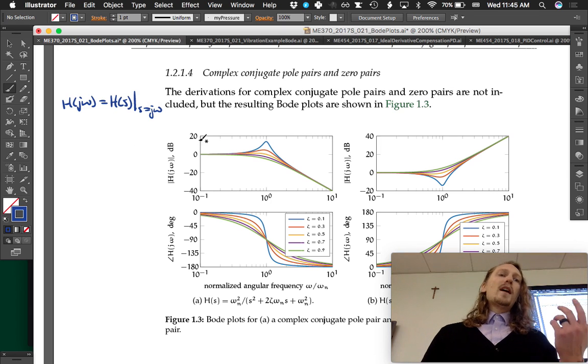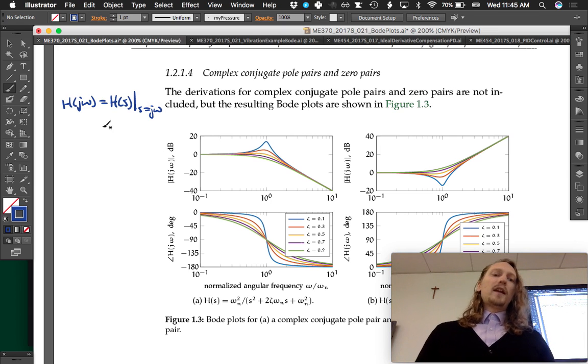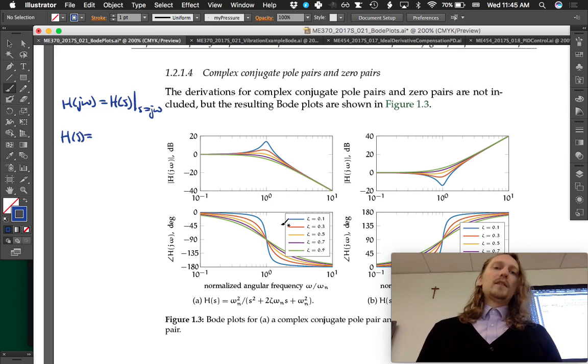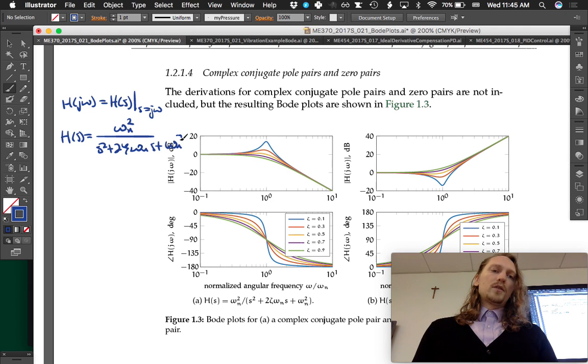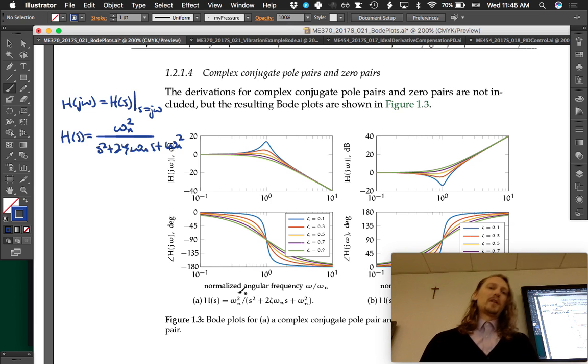So we could do that again, and the transfer function for which we're doing that is H of s equals, in the case of a complex conjugate pole pair, omega n squared divided by s squared plus 2 zeta omega n s plus omega n squared. And this is just right here. I just wanted to write it just to be clear. But it's below the figure 1.3a right here.